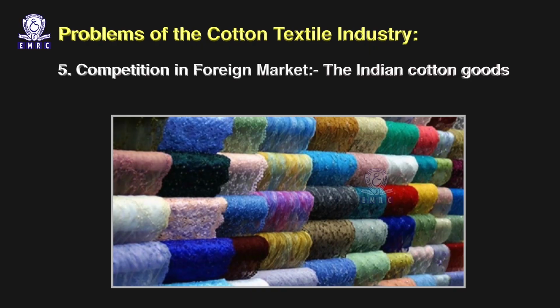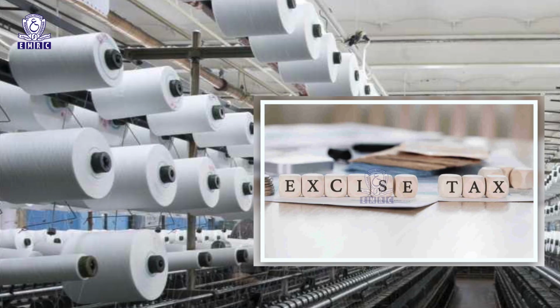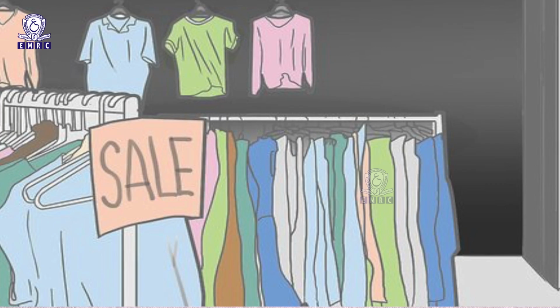The Indian cotton goods are facing a stiff competition in the foreign markets, especially from China, Egypt, Japan, South Korea and Taiwan. Heavy excise duties. The cotton textile industry suffered because of heavy excise duties. The high rate of duty on the imported cotton has increased the cost of production of cloths, which has created problems in selling the cloth in the international market.